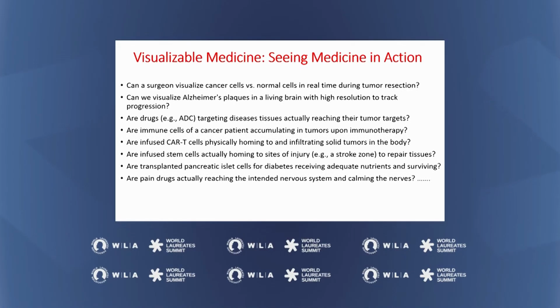When you do ADC, antibody drug conjugate, delivery, are these drugs actually reaching the tumor? Can you see them? How do you know the drug is getting to where you want? And the questions go on and on in medicine. In CAR T immunotherapy, are the T cells actually going to the tumor to kill the cancer cells? How do we know?